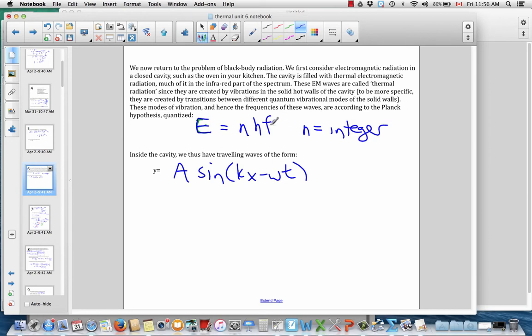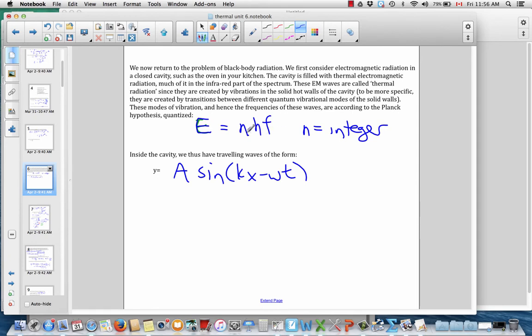Now, that radiation comes from vibrations in the walls of the cavity. Those atoms and molecules are therefore vibrating, and we know from quantum theory that those vibrations have to be quantized.